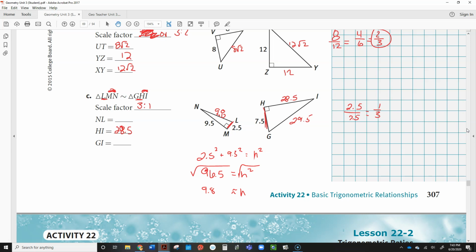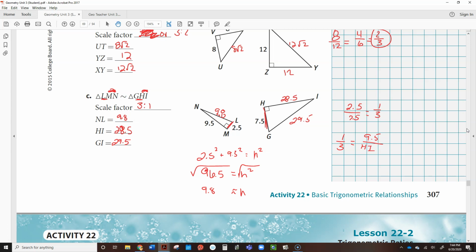You could set it up as a ratio. This was 9.8, and this is 29.5. We'd use 1/3 is the ratio, and then do 9.5 on top over HI on bottom.